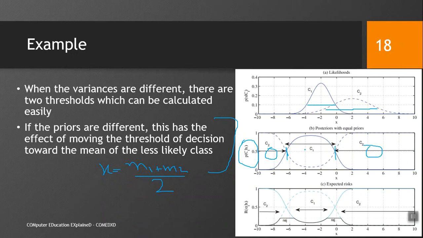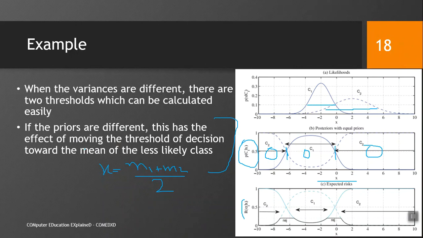However, if it lies in this region, then we give class C1, because here you see that C2 is higher than C1 and here C1 is higher than C2, right, and in this section again C2 is higher, so we will assign class C2, right. If the priors are different, this has the effect of moving the threshold of decision towards the mean of the less likely class, right. These are the expected risks.